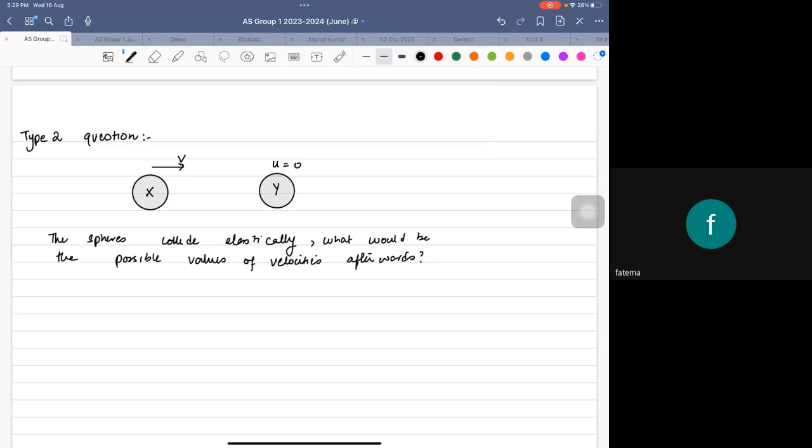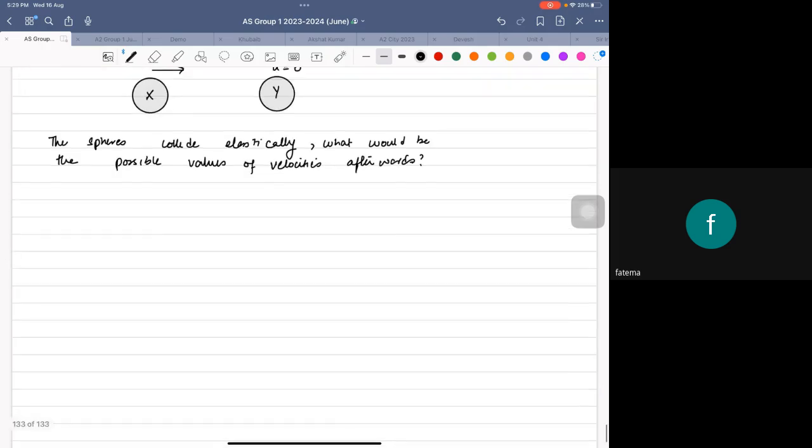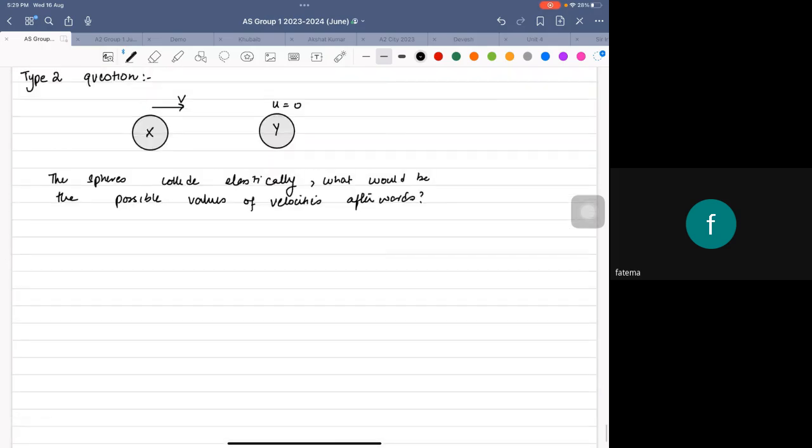This is the question. They've again given a table where they've said velocity x and then velocity y, and then they have given the answers. So A is plus half v, half v to the right.